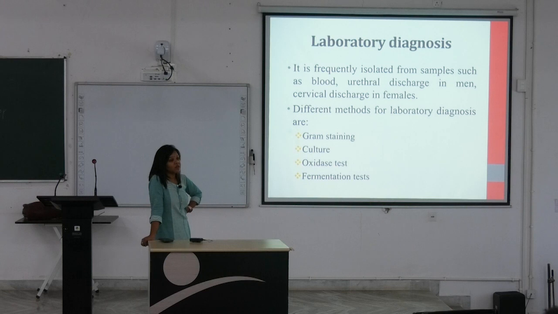Lab diagnosis is the same for both bacteria. Cervical discharge is written, but it's vaginal discharge, so you have to take a high vaginal swab for this. Gram stain, culture, oxidase test, and then biochemical reaction.